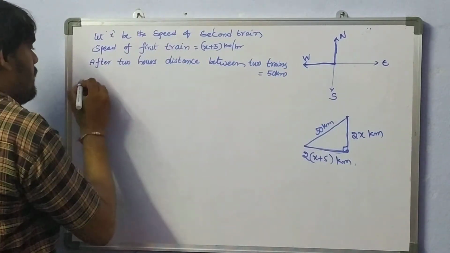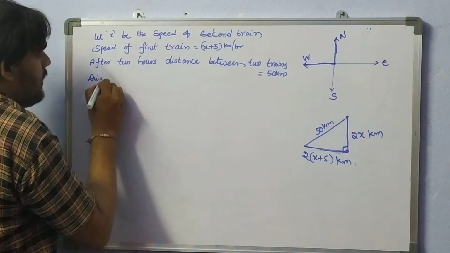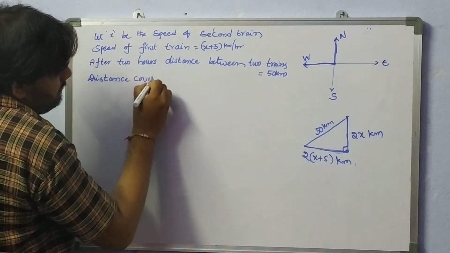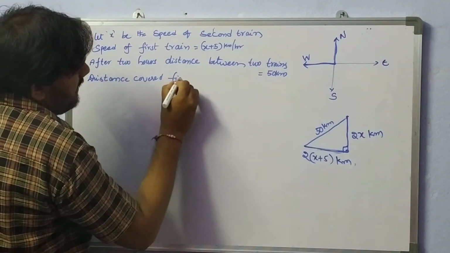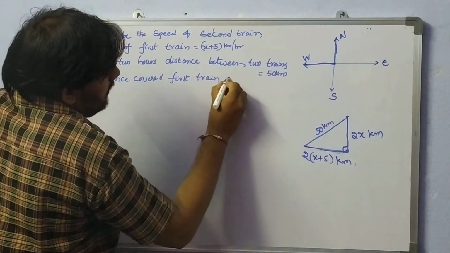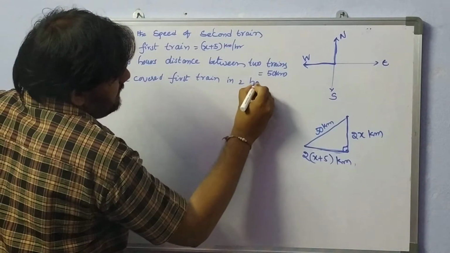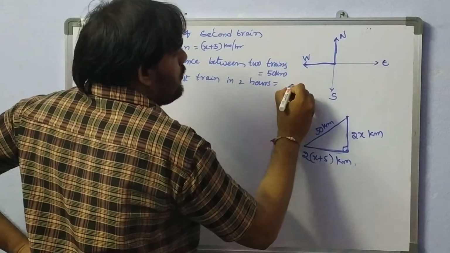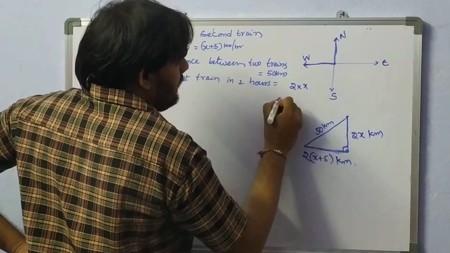Next, the distance covered by the train in 2 hours is equal to 2 into x, 2x.